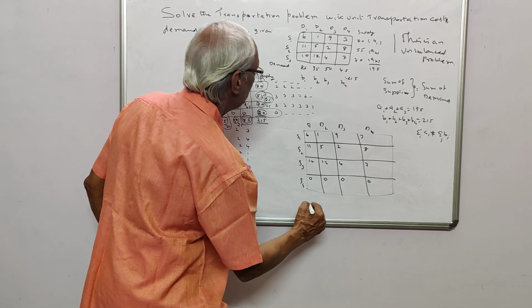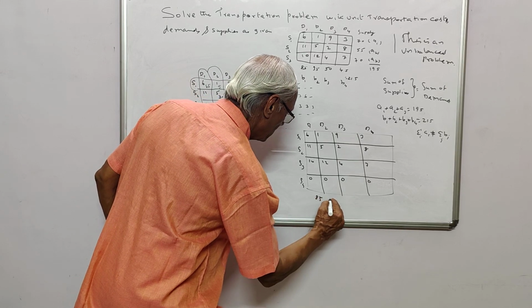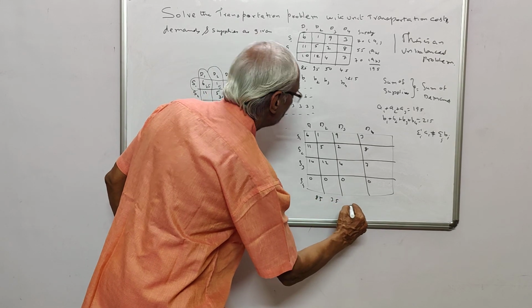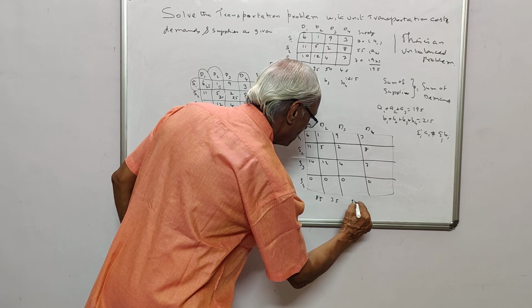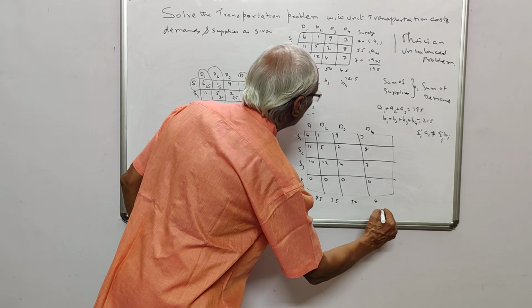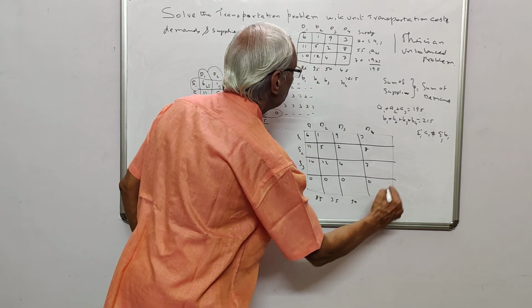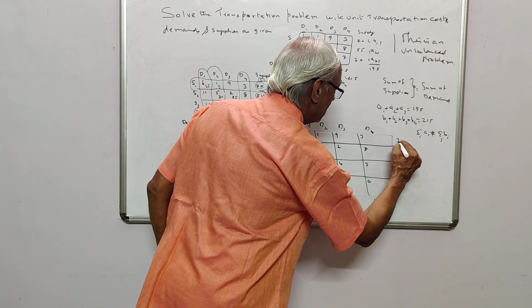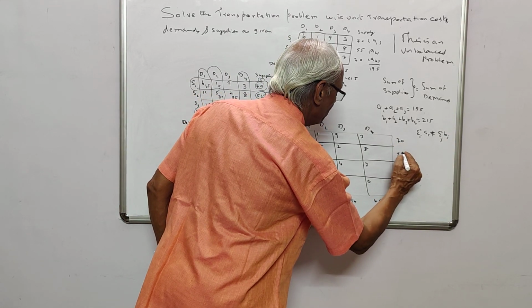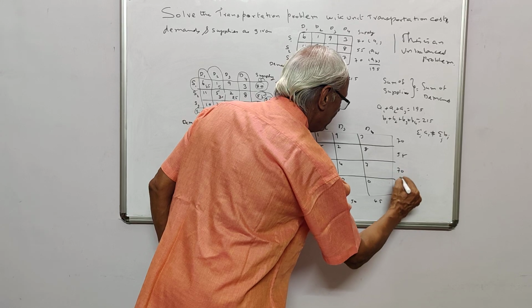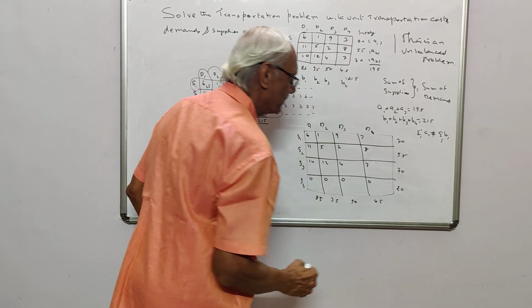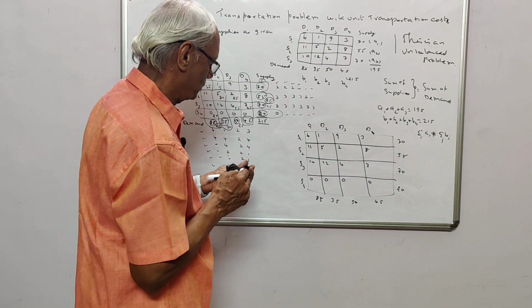And the supplies are 85, 35, 50, 45, and the demands are 70, 55, 70, and 20. Now you see that it's a balanced one.